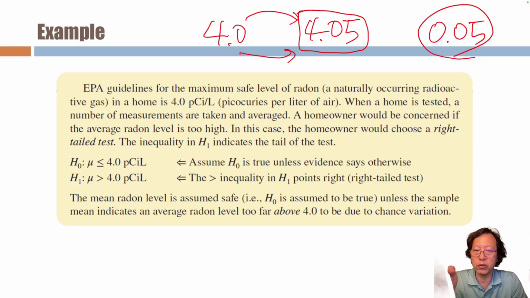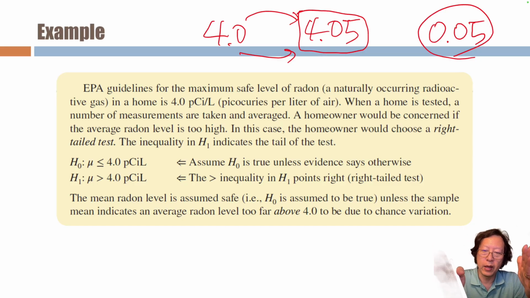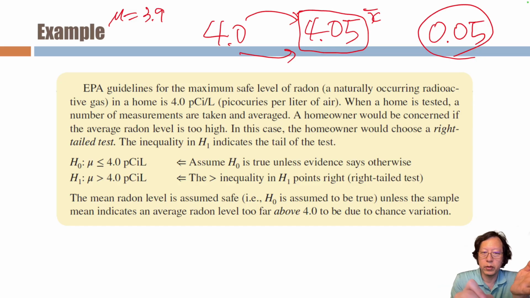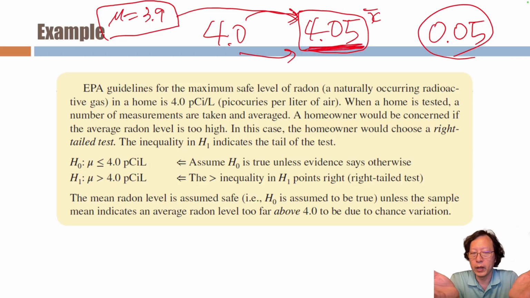Random sample means you can have a little bit higher or a little bit lower than the true mean, right? So this is our sample mean, but my population mean can still be 3.9, right? Even though my population mean is 3.9, there's still a possibility I can get a sample mean of 4.05.